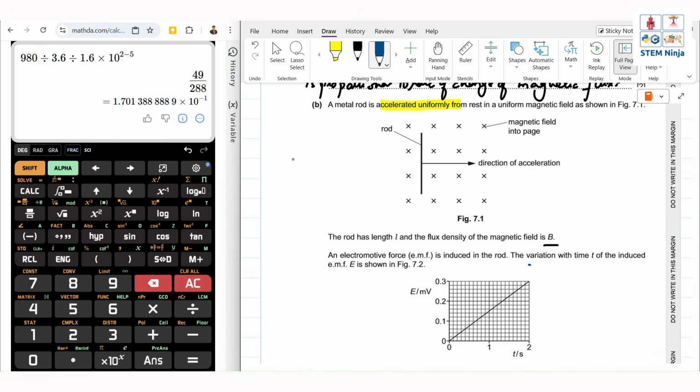So uniform acceleration means that the rate of change of velocity, dv over dt, is constant. And in the graph, we can see that the change in E over change in time is also constant. So this must mean that E is directly proportional to the velocity. That's all we have to show.